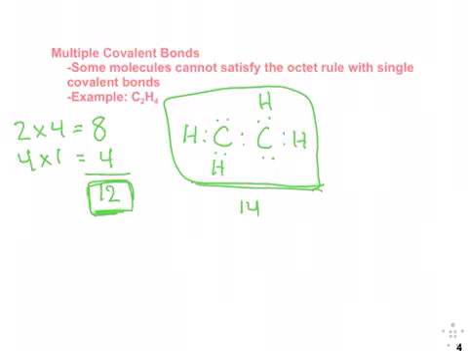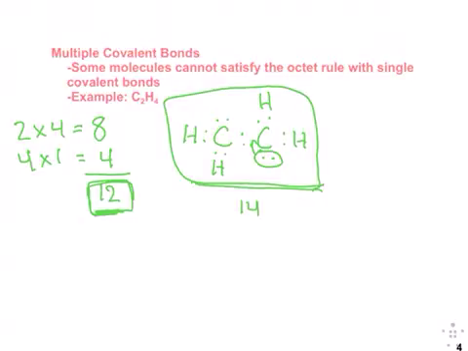So instead, we have to form what we call a double bond. If you go through this process and you're like, oh, I've got too many electrons, that means that one of these unbonded lone pairs needs to slide in here to form a double bond.